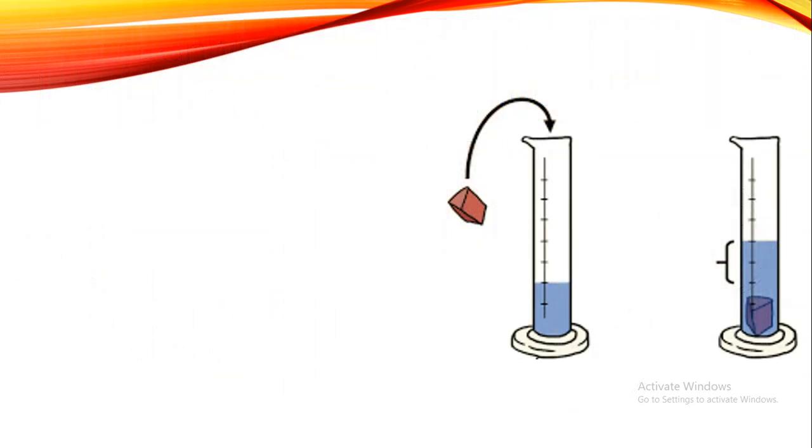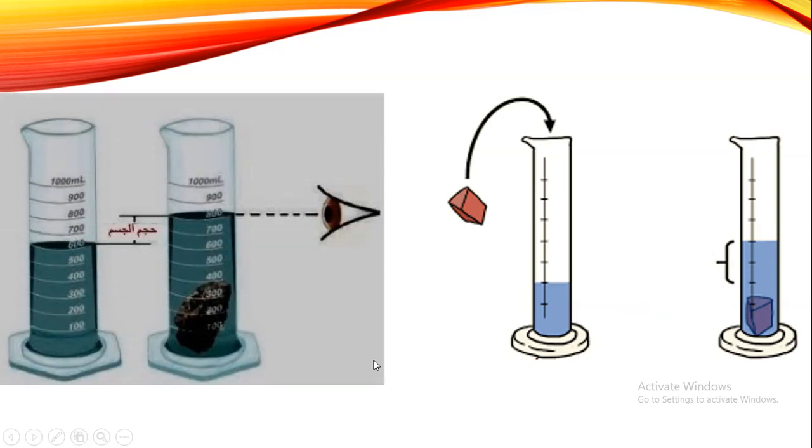Now look at this picture. Here we have a rock and we're going to sink it in water. As you can see, it pushes away some of the water. The water level rises. See this?